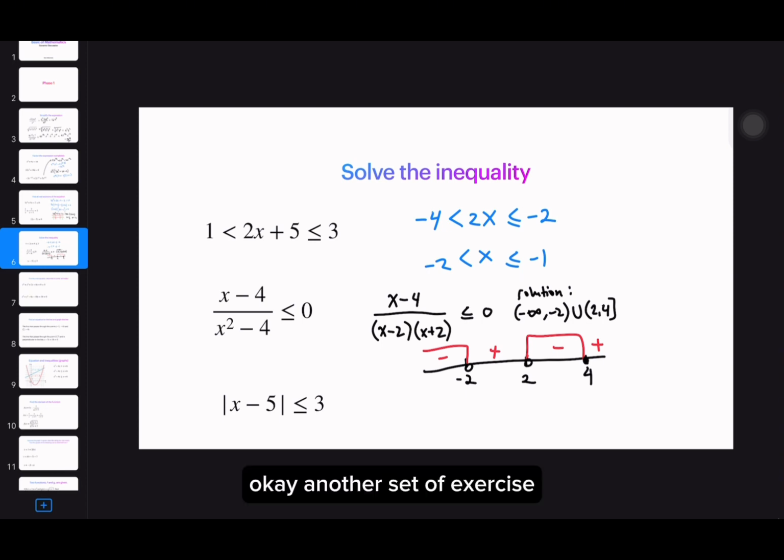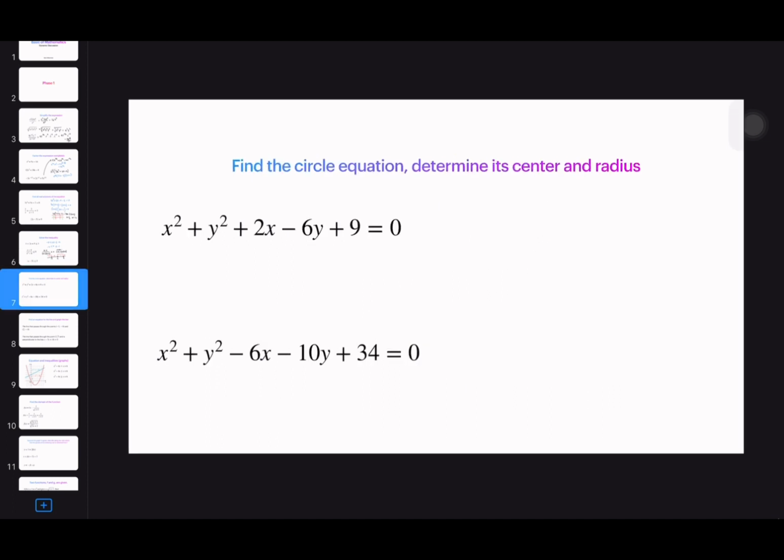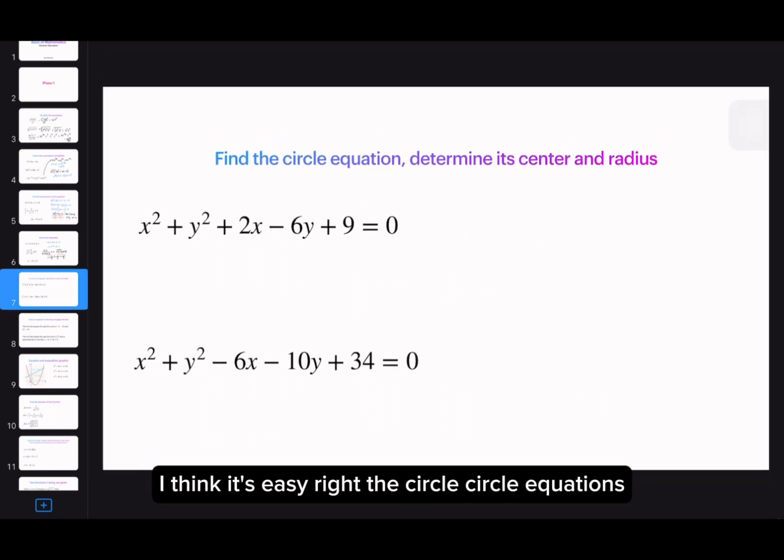Okay, another set of exercises. I think it's easy, right? The circle equations.